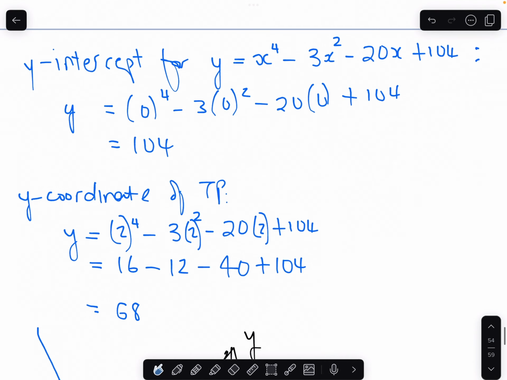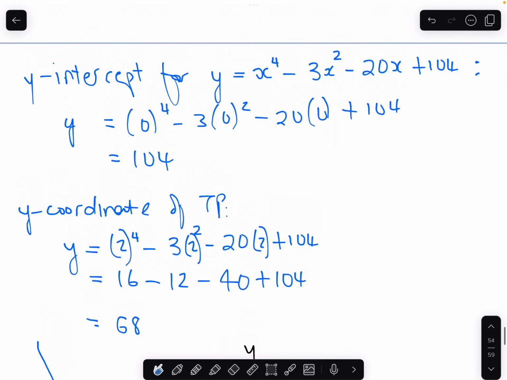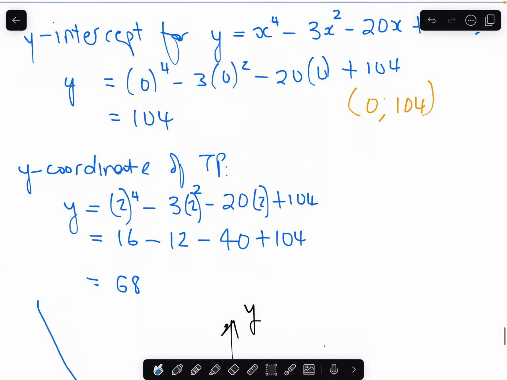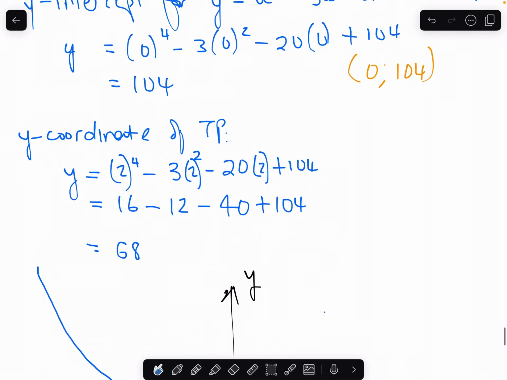I was still then confused about how exactly to draw this thing, so I just figured out other points that might help me. The y-intercept is an easy one to work out, and we got that the y-intercept occurs at 0, 104. And then I also just wanted to figure out what is the y-coordinate of the turning point. Is it occurring above the x-axis, below the x-axis?